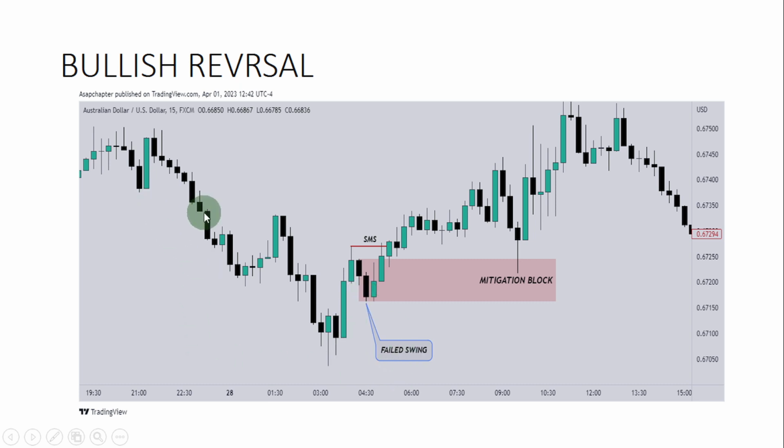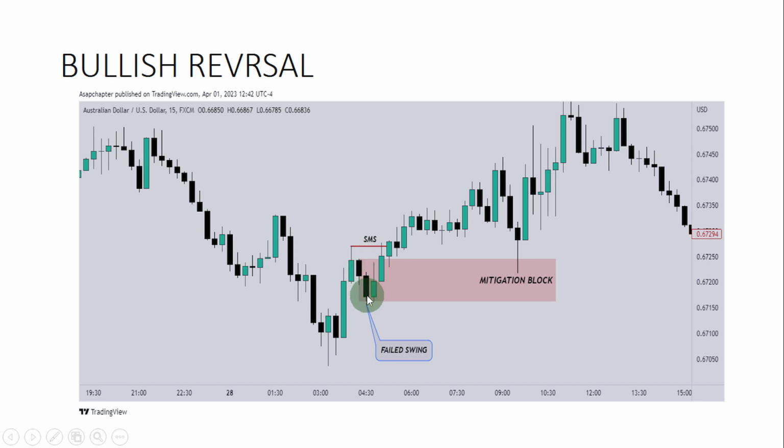Just like we break structure here, sell off, pull back, come down, break structure down, we are pulling back. After this pullback ends, we expect price to continue down to break this low. But what do you see? Price fails to do that and then breaks structure higher. So it is showing you weakness in this downtrend.